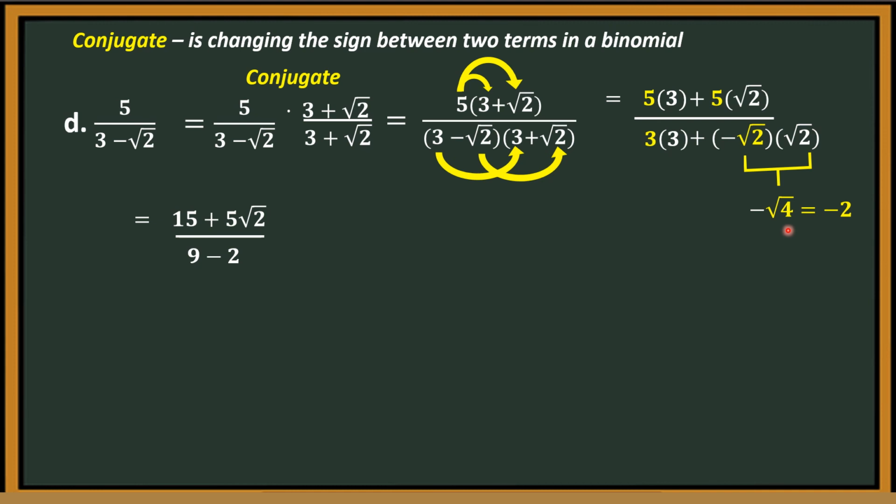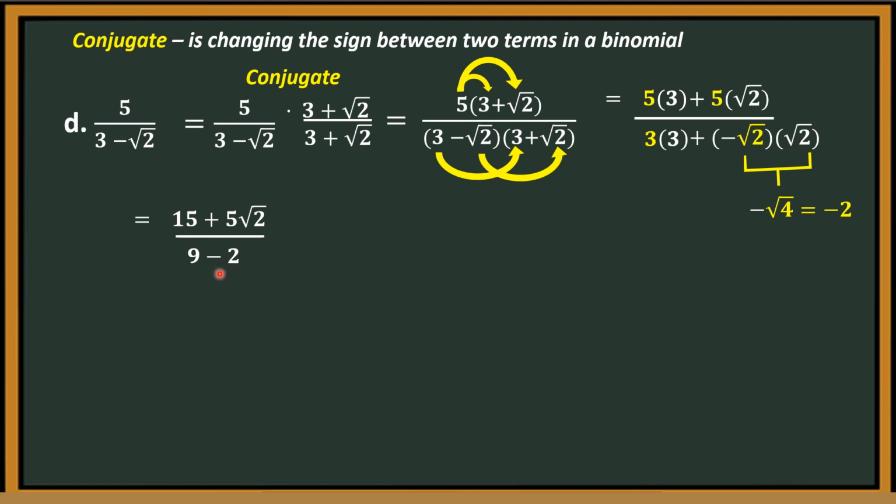Ang 4 ay perfect square. So, pwede pa natin siyang isimplify. The square root of 4 is 2. So, since we have here negative, that is why we have here negative 2. So, since this is positive, kapag binultiply natin ang positive at negative, the answer is negative 2 pa rin. So, that is why we have here minus 2.